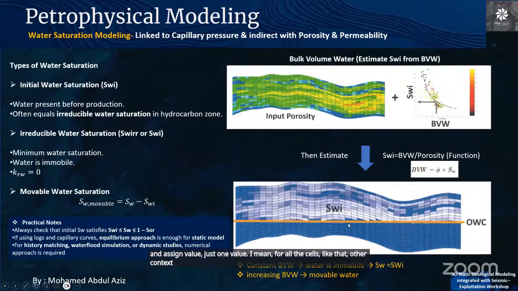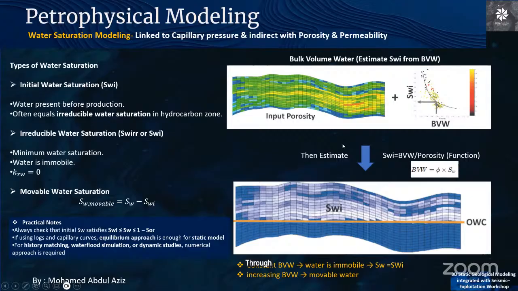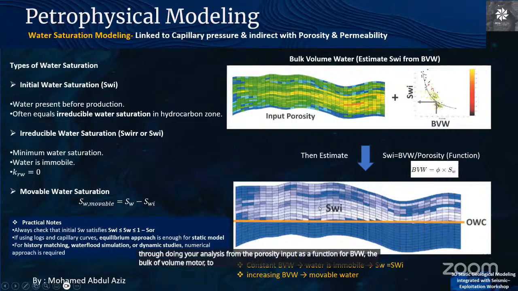If not, and the flow simulation tells you there is a flow from the water, then you need to do your analysis from the porosity input as a function of BVW, the bulk volume water, to propagate the water saturation.